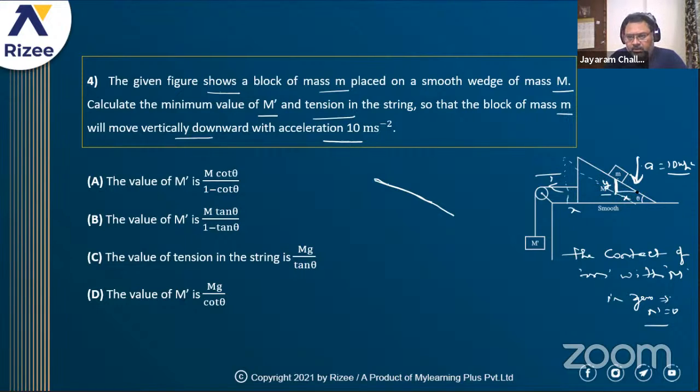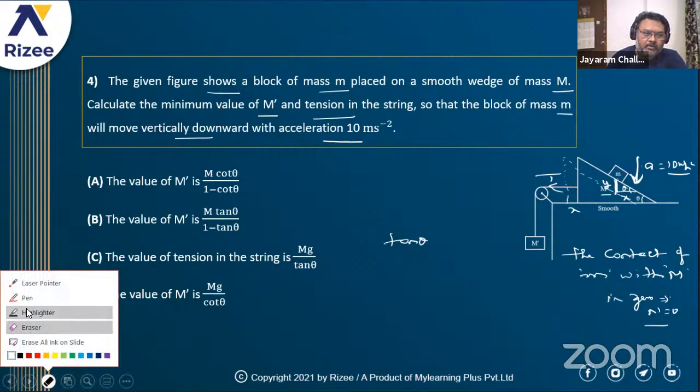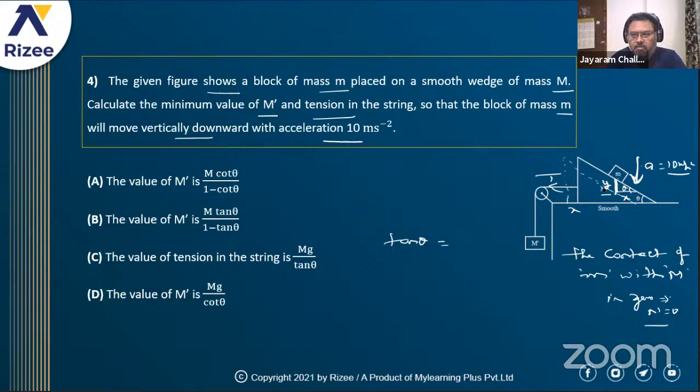So now if I write this is your angle theta, from this relationship we can write tan theta is equal to y by x.